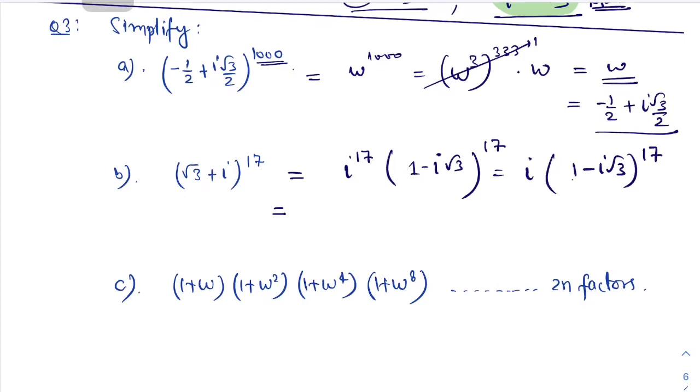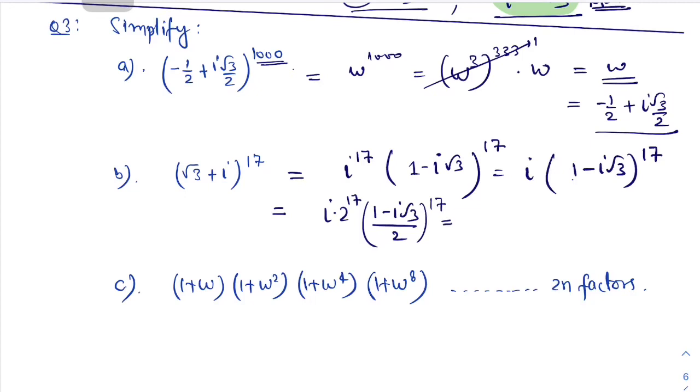So let us multiply and divide it by 2 in the bracket. So iota times 1 minus iota root 3 upon 2, whole to the power 17. So effectively we have divided by 2 to the power 17, so let me multiply by 2 to the power 17.